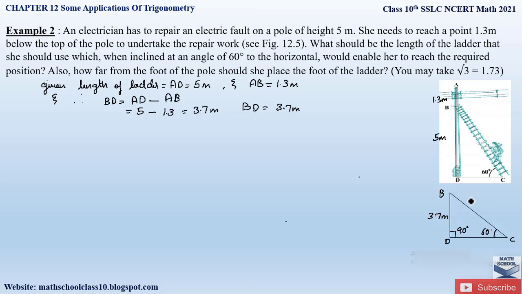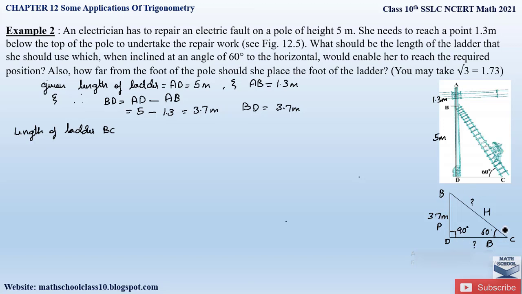Now we have to find out the value of BC, that is the length of the ladder, and DC, the distance between the foot of the pole and the foot of the ladder. So let us first find out the length of the ladder BC. Since BDC is a right angle triangle, BC is the hypotenuse of the triangle. Since angle C is the acute angle, the side opposite this acute angle will be the perpendicular and the side along it will be the base.